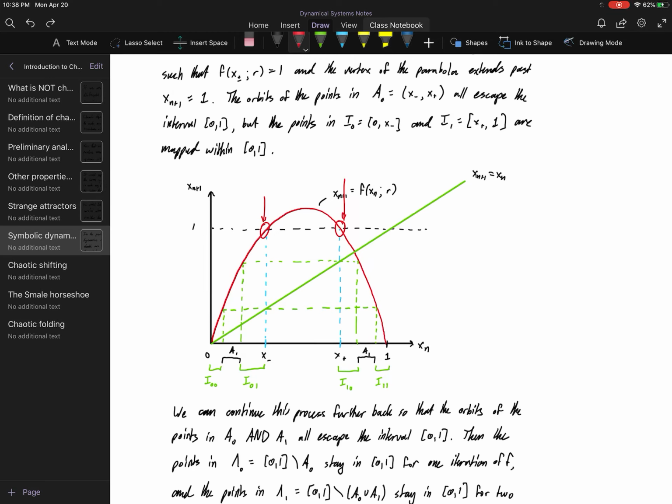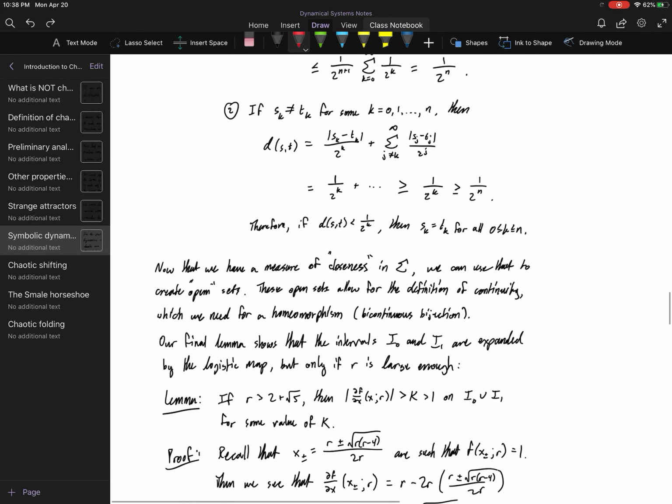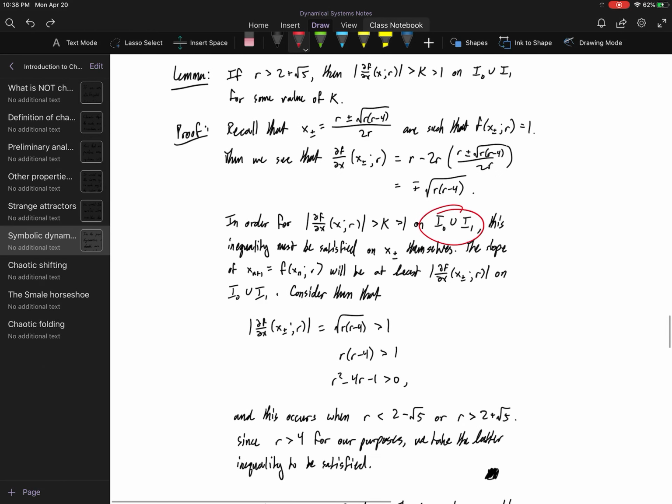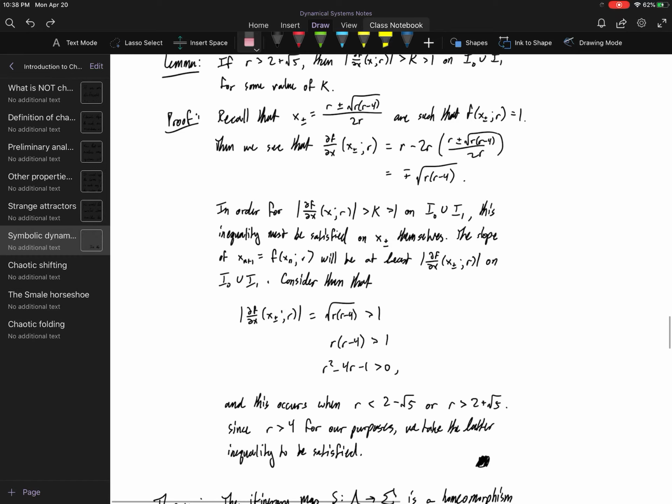So the absolute value is only going to get larger from there. So we just need to establish that the derivative is of a particular size on x plus and x minus. And when we do that, we can actually, again, do this directly.